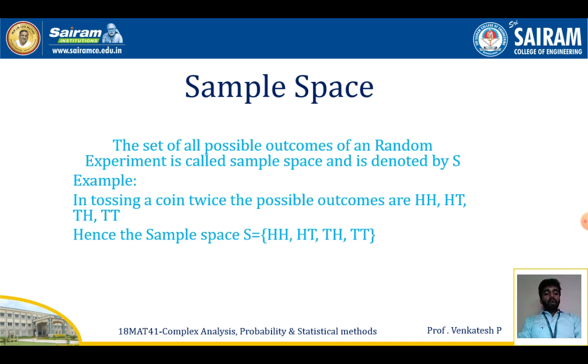So if I group all these outcomes in a single set, I will get the sample space S is equal to {head, tail}. Similarly, in tossing a coin twice, the possible outcomes will be head head, head tail, tail head and tail tail. So here also I can group all these outcomes, that is S is equal to {head head, head tail, tail head, tail tail}.